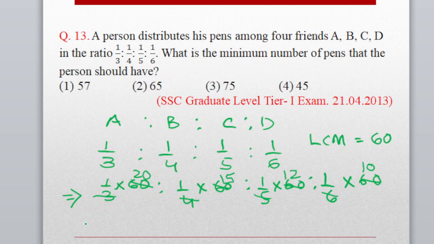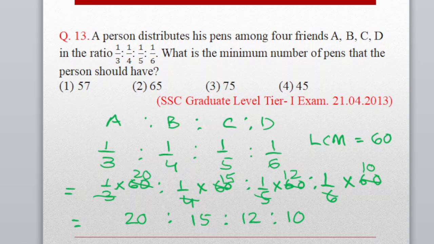That means the ratio is equal to 20 is to 15 is to 12 is to 10. That means, what is the minimum number of pens?